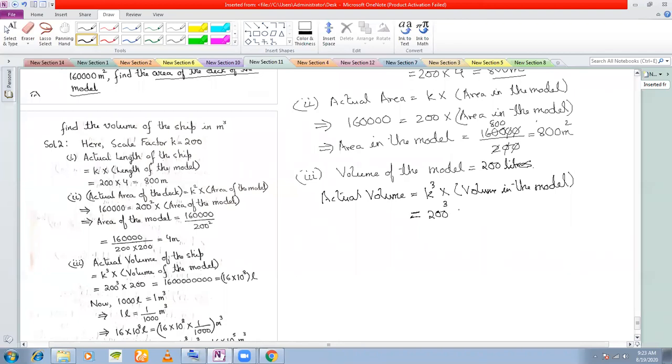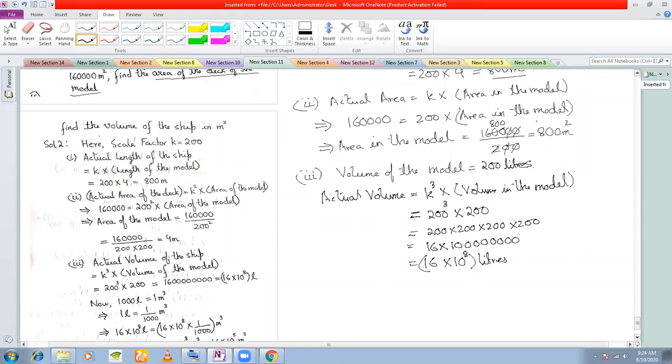So 200 cube into volume in the model, which is 200 liters. So we get 16 into 10 to the power of 8. This we are getting in liters.